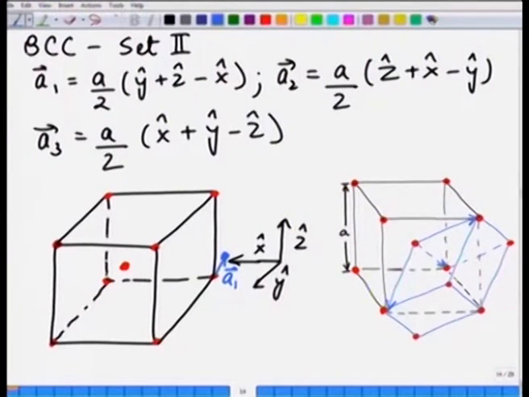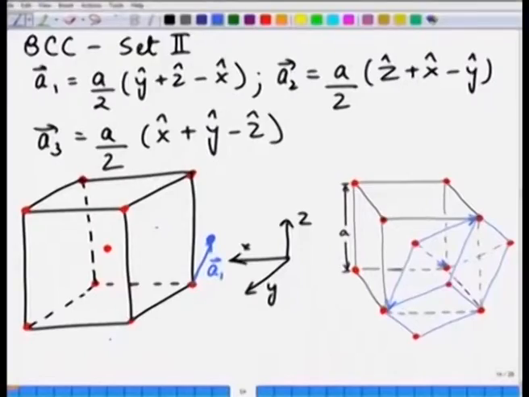That means, on the y and the z face center point, but in the x direction you go in the negative direction, and if you go in the negative direction, you are coming out of this face and you will find a lattice point. Similarly, for the A2 vector, you do the same thing. You look at the z and x face, and then you go out of that cell.